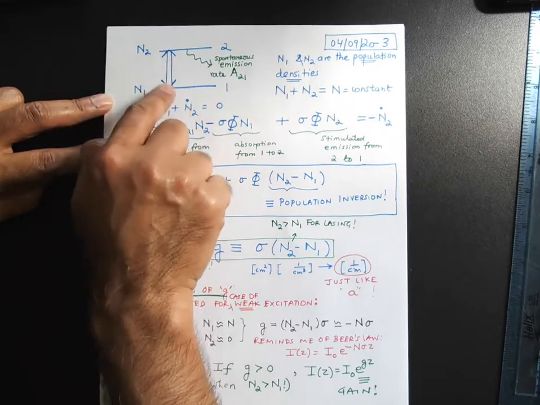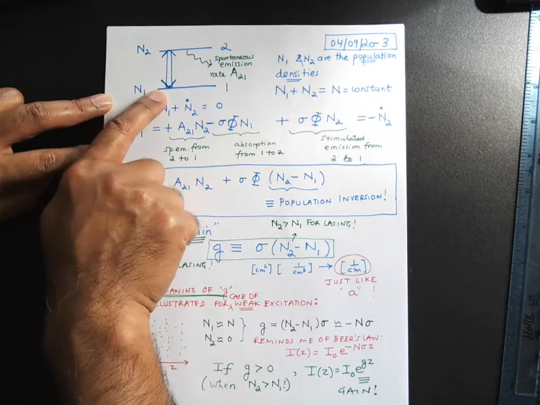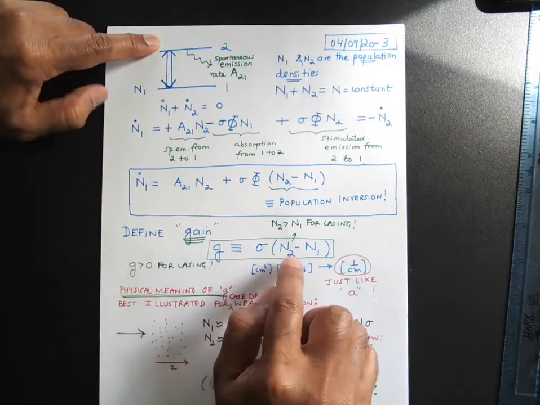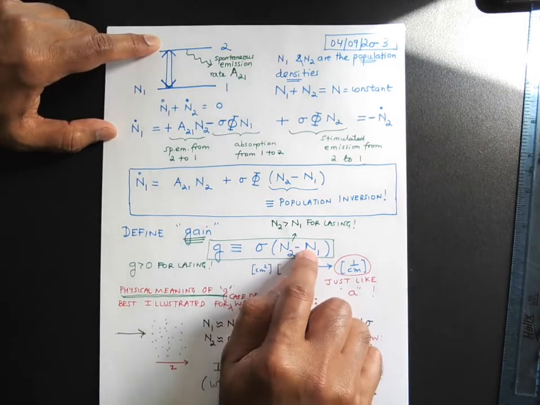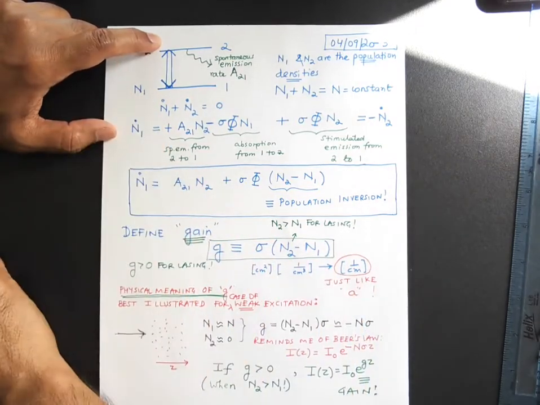So the best you can do is have half and half. Okay, 50% atoms in the ground state, 50% in the excited state, and so you never have an inversion. You can eke your way up to zero, they're equal, but never more than the ground state. So you're kind of stuck.